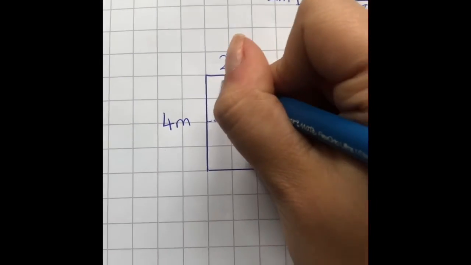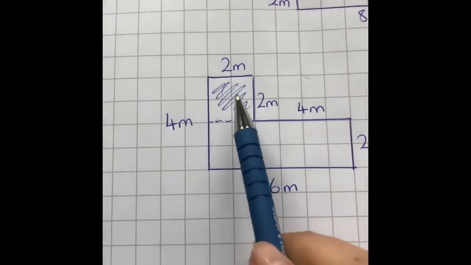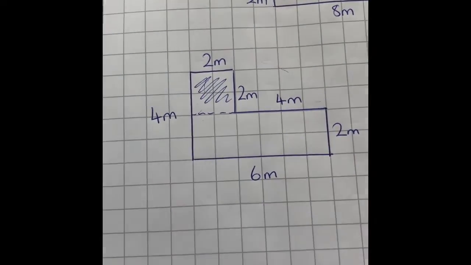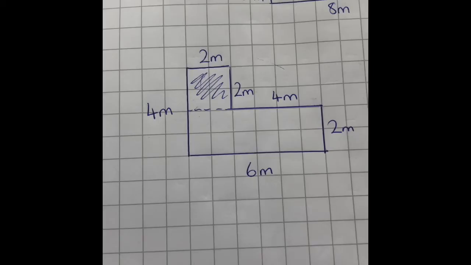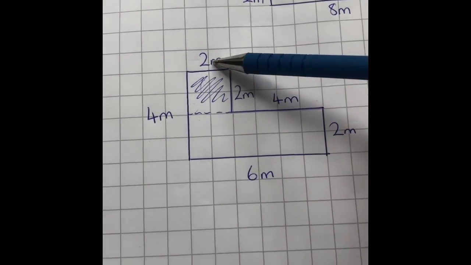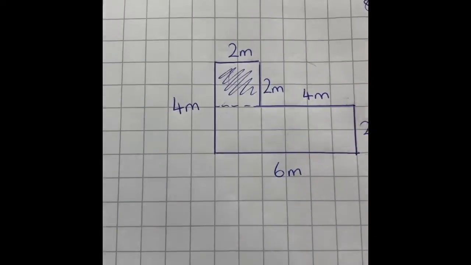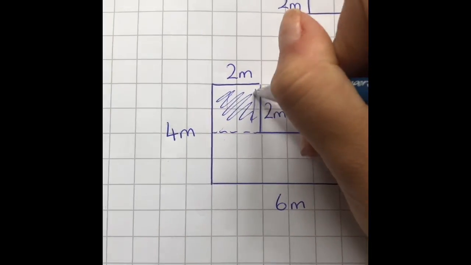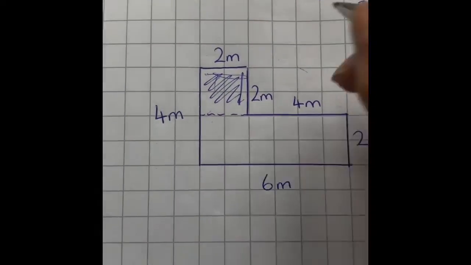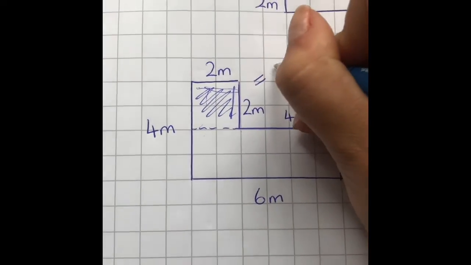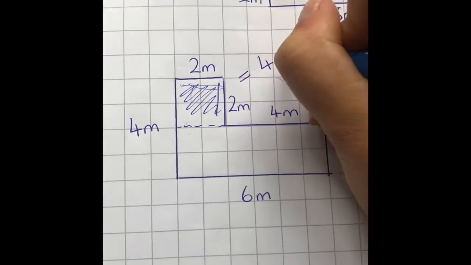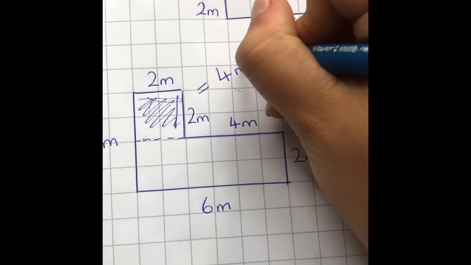So now I'm going to work out the area of this square, and then I'm going to work out the area of the rectangle. So the square, if we ignore this 4 here, because that's this whole length, we are just looking at 2 times 2, which is going to be 4 metres squared.